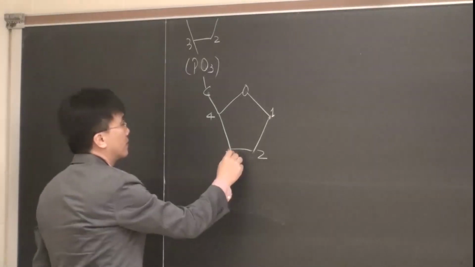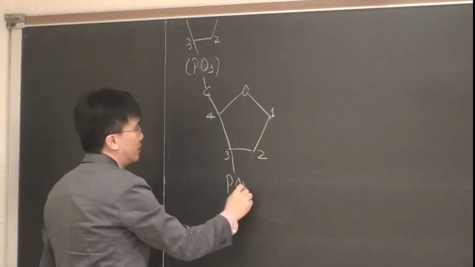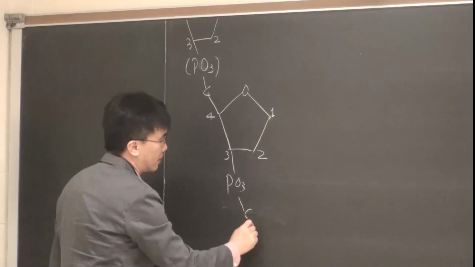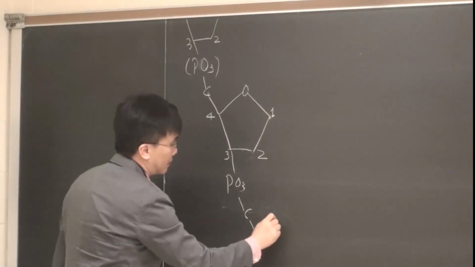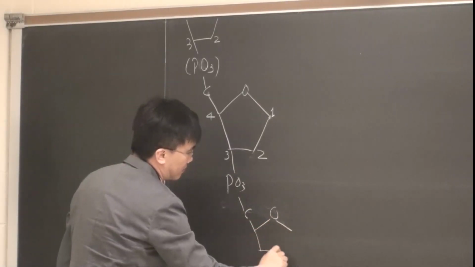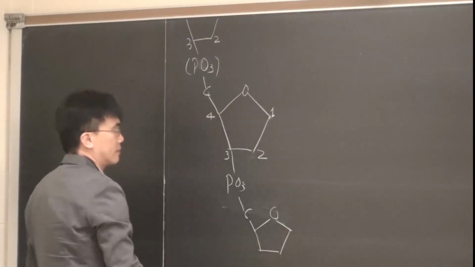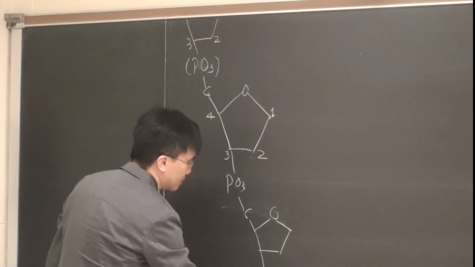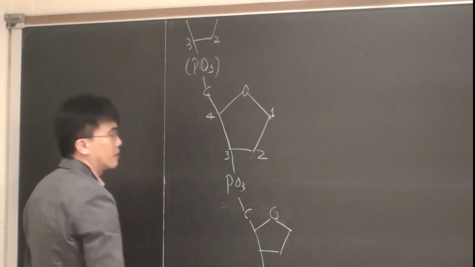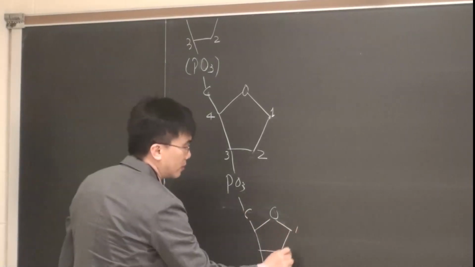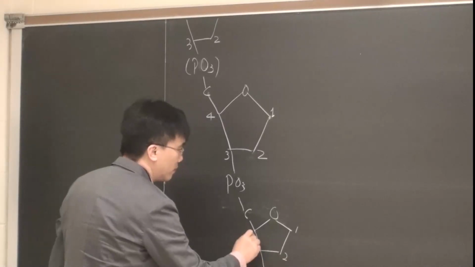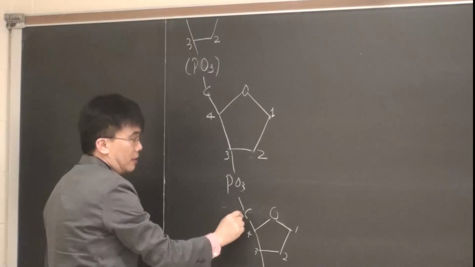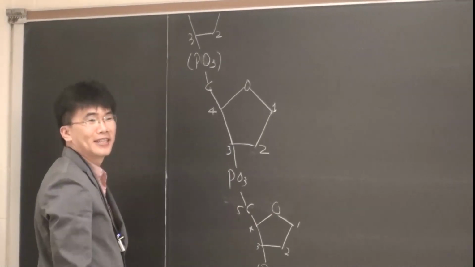And then this one connects to PO3, phosphate, and then to another carbon, and so on. So that's still 1, 2, 3, 4, and this carbon is called number 5.